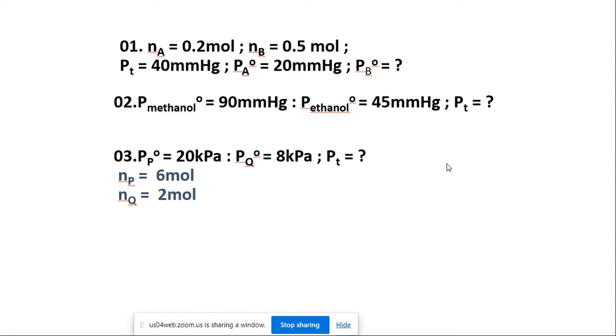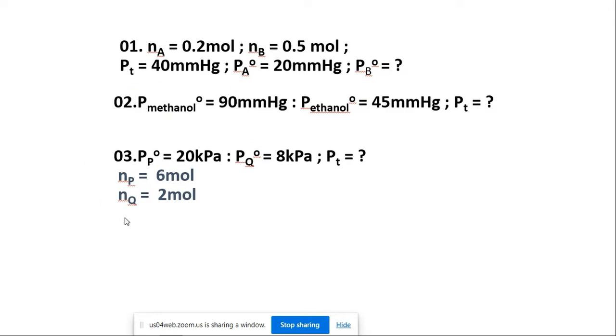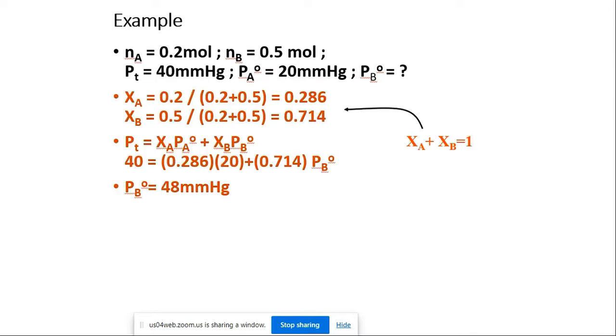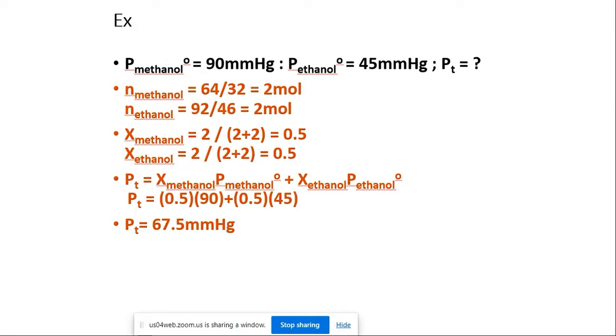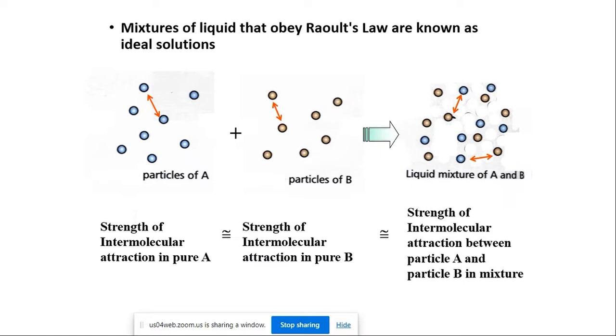And another, a third one is there, with P naught P and P naught Q. I need to find PT likewise, right? So these are some simple examples to practice your Raoult's equation, so you can practice it. Yes, any questions regarding that Raoult's law?